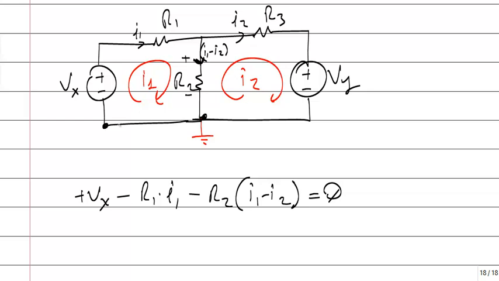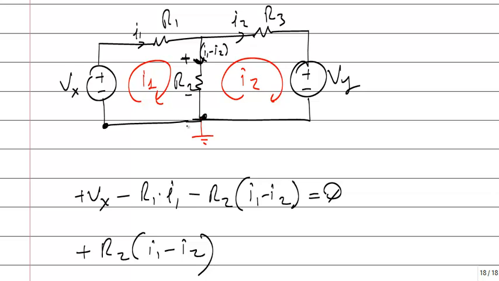Can you understand? If you switch from the negative to the positive side, there will be a voltage increase. So I will write plus R2 (I1 minus I2). There is a voltage increase because I have defined the current in that direction. Current flows from high to low voltage on a resistor always.